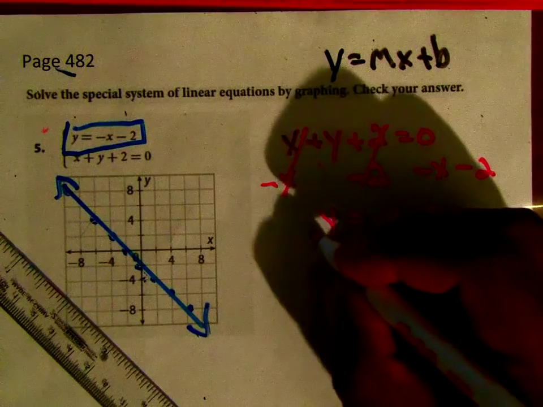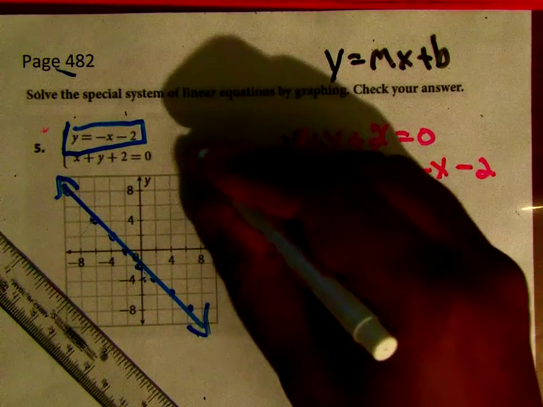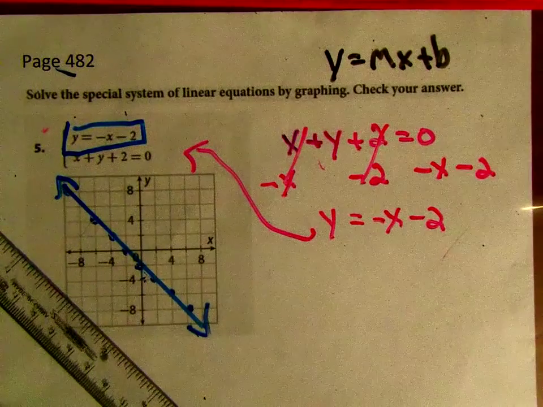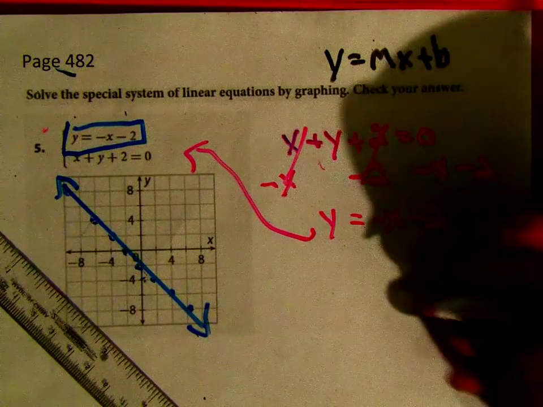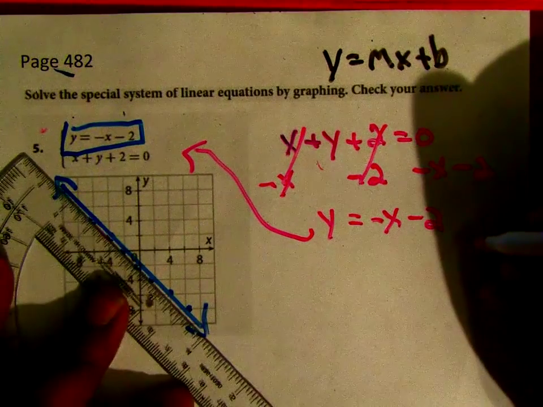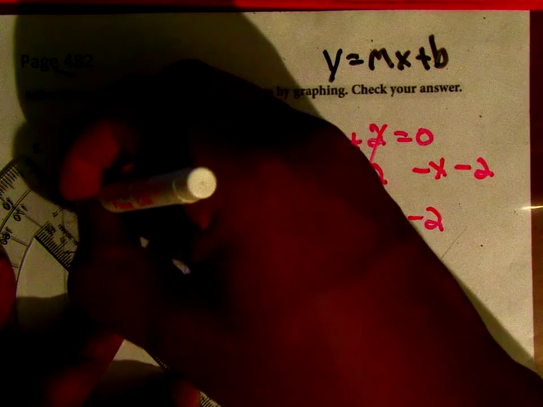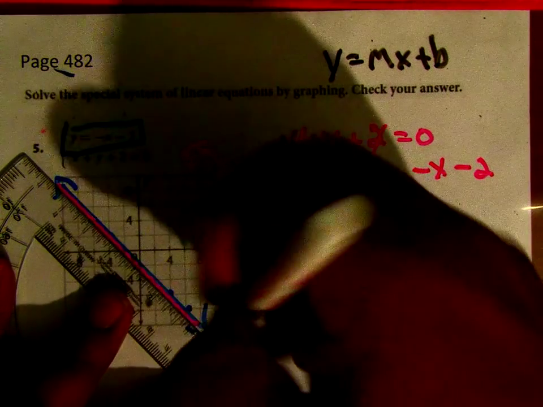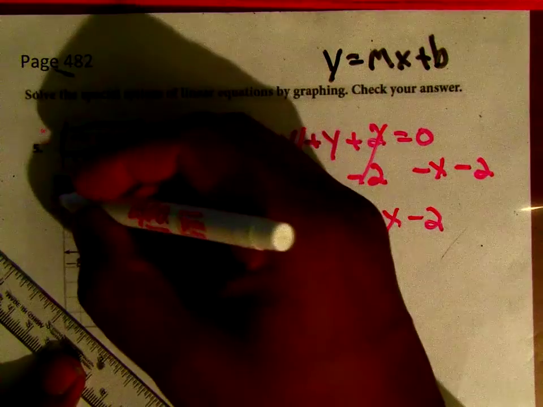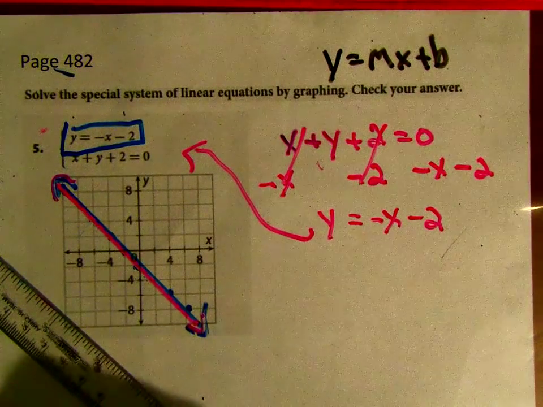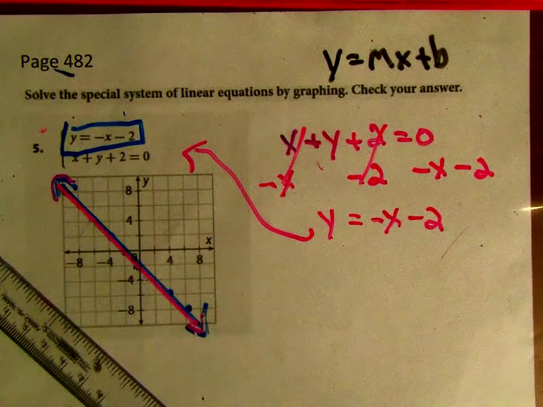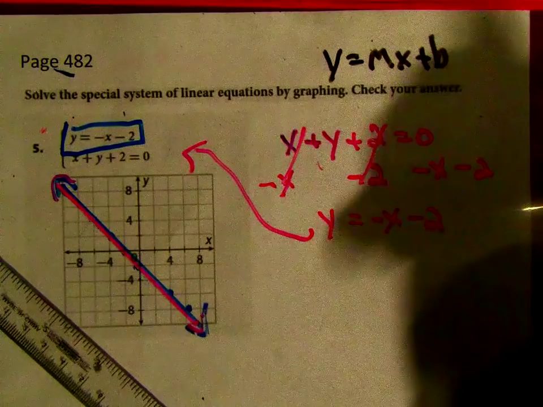But look what happened here. This is the exact same equation as that one. So when I get ready to draw the line, it would overlap this one. So that's a special system of linear equations. And what does that mean?